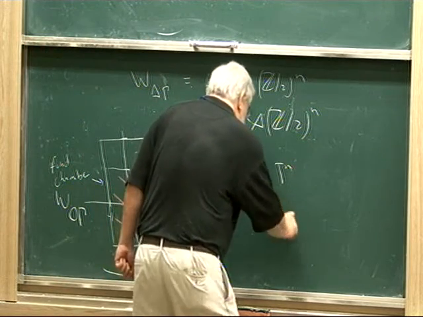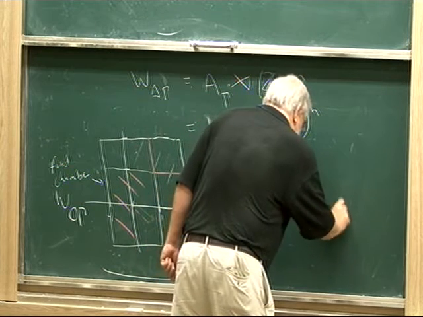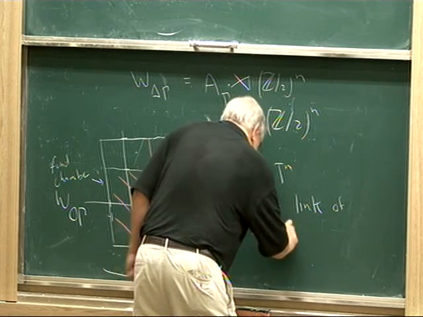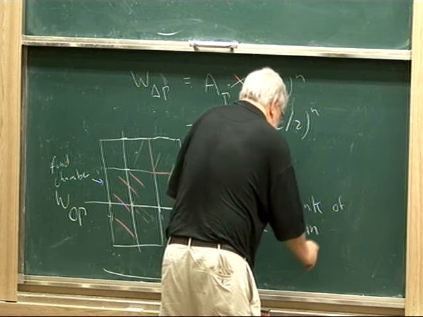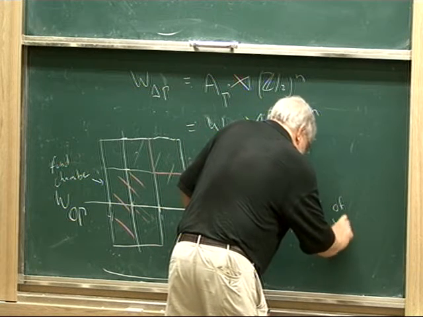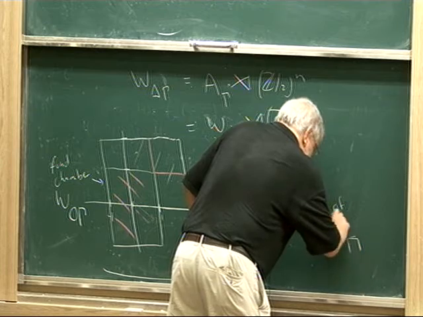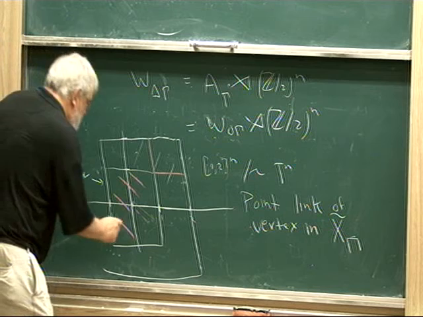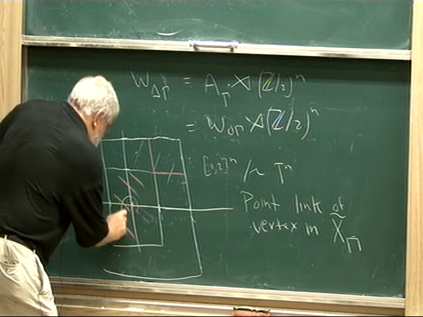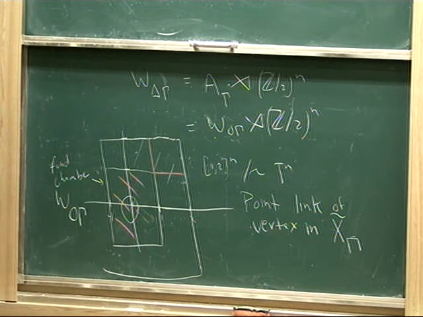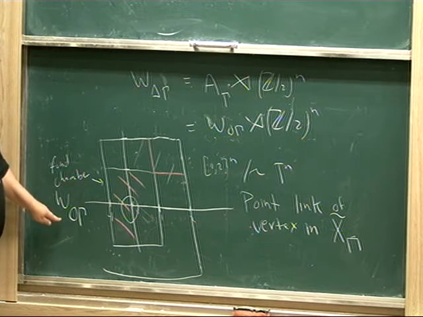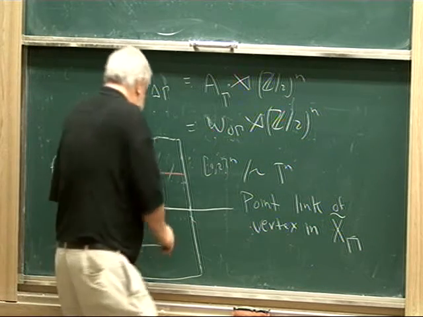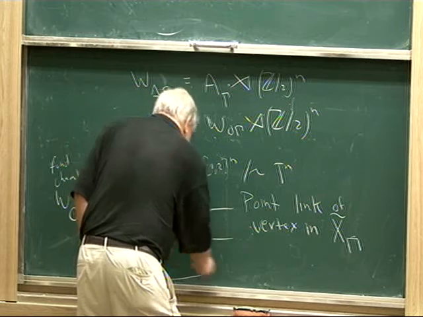The only point I wanted to make was that the link of a vertex in the universal cover of the Salvetti complex, which means basically the link of something here, wasn't the Phi complex associated to gamma, it was the Phi complex associated to the double of gamma. That was one point for doing this.